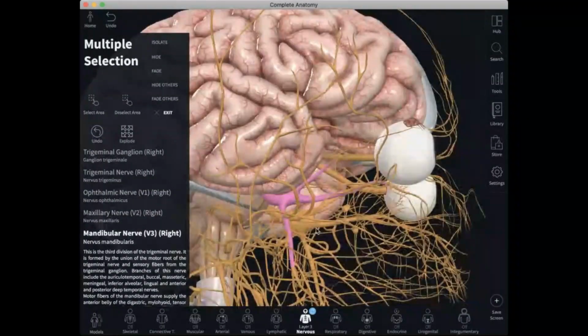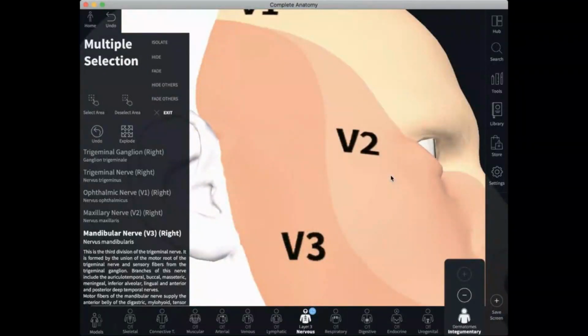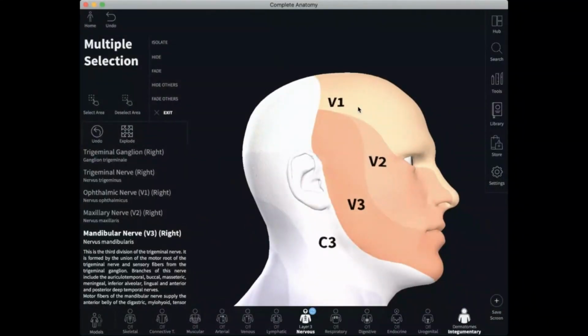Now if you look at the dermatomal level, for example the sensory supply of the face, you can see the V1 nerve distribution is in this place, the V2 nerve distribution in this place, and the V3 nerve distribution in this place.